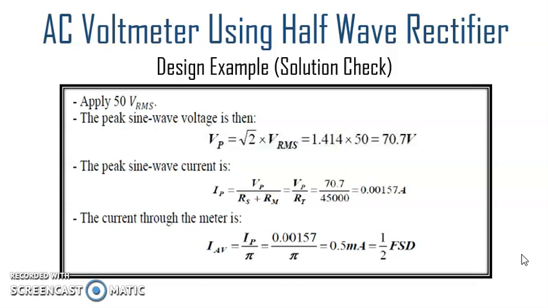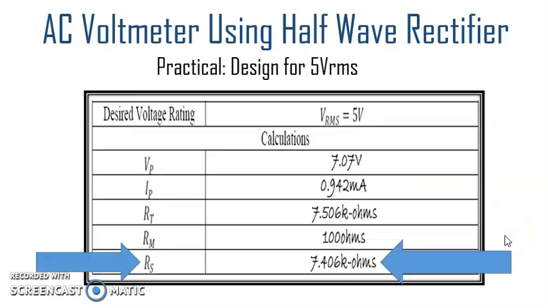So we are going to determine this value of current at 50 volt RMS. If we apply 50 volt RMS, we can work out that the current value is 0.5 milliampere. So this is half of IFSD, which is true because we have designed this voltmeter for 100 volt RMS, and if we apply 50 volt RMS, we'll have half scale deflection. So this is how we are going to cross verify our design.